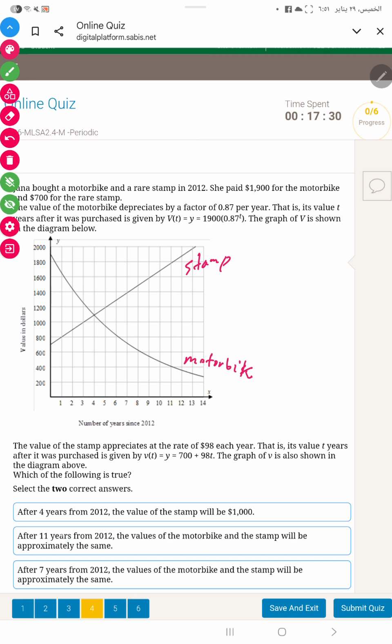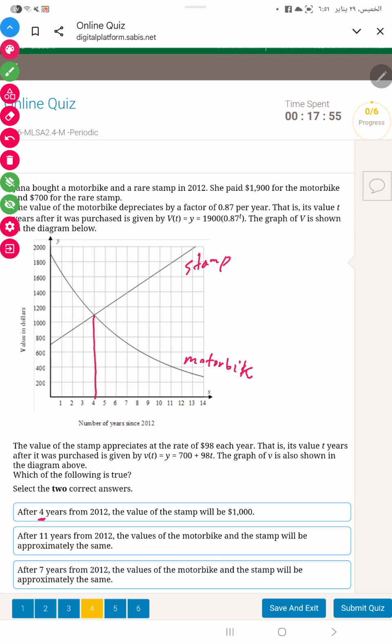You can choose here. After 4 years from 2012, the value of the stamp will be 1,000. If you check this, after 4 years, the value of the stamp is not 4,000, it's above 1,000.